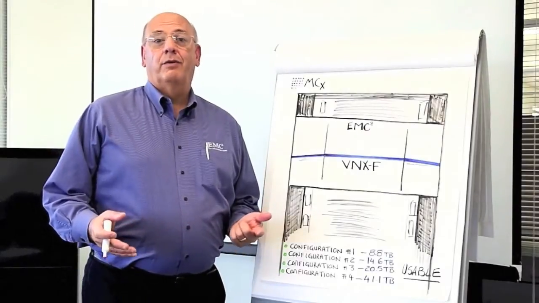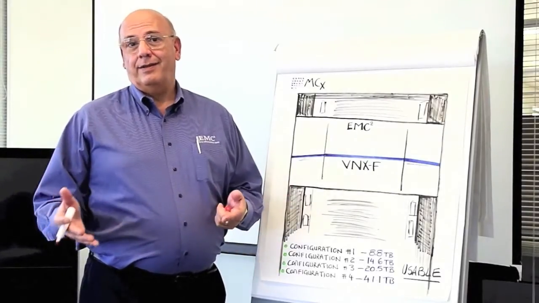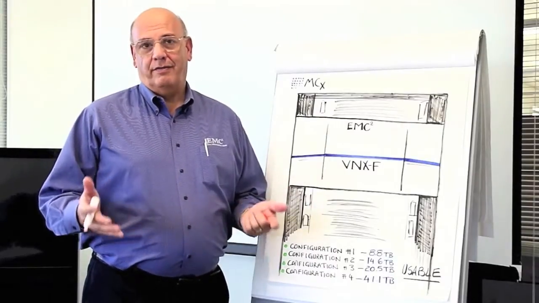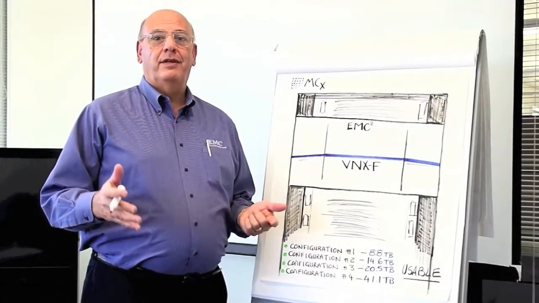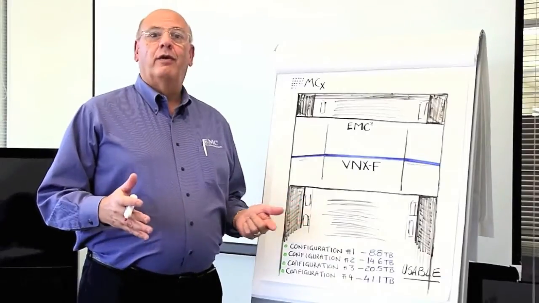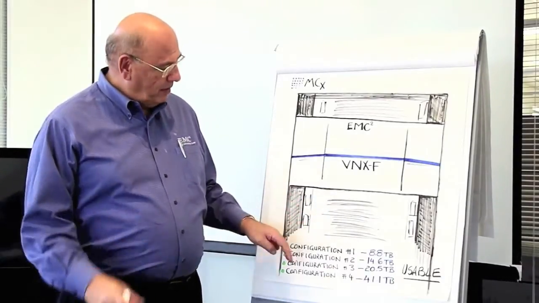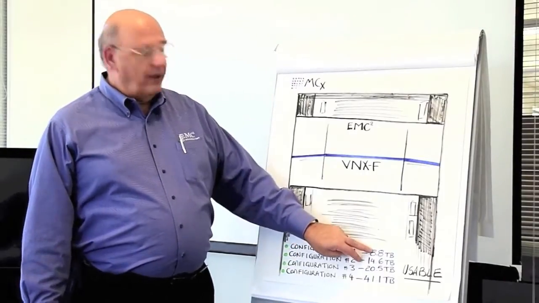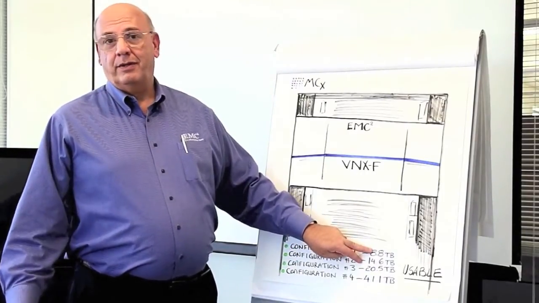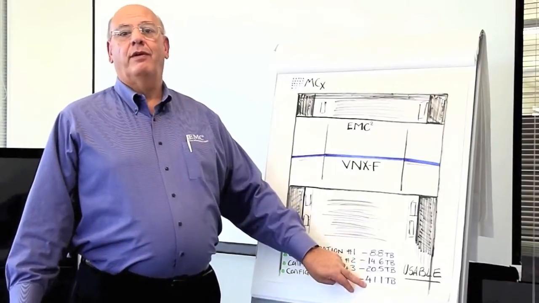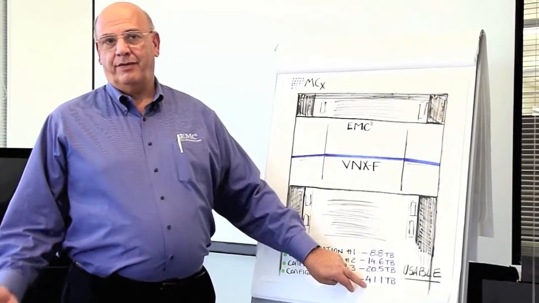So now that you've heard what the VNX-F is and what it contains, let me tell you how it's deployed in your environment. The VNX-F comes to you in one of four pre-configured, fixed-capacity configurations. You can get all the way from an 8.8 terabyte usable configuration up to a 41.1 terabyte usable configuration.